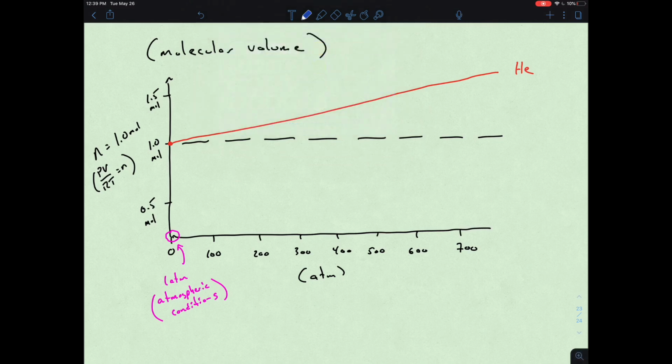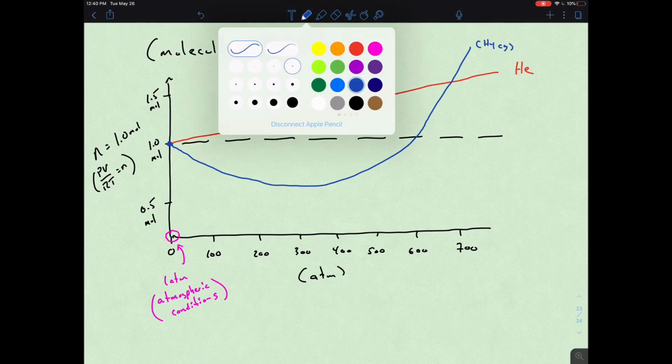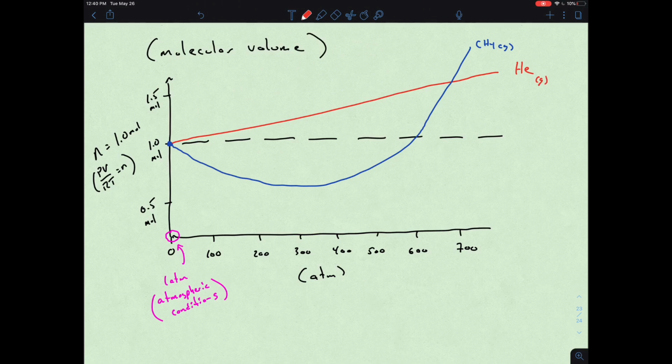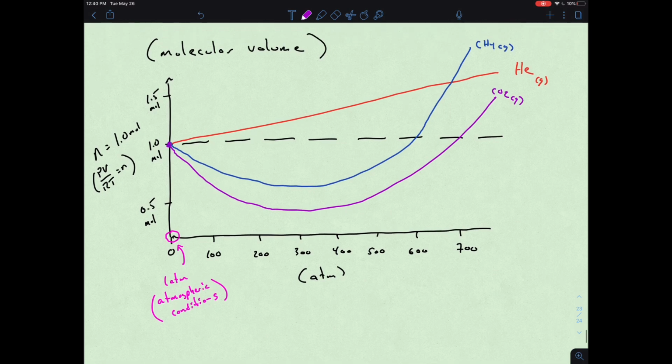Another plot would be maybe looking at methane, or even carbon dioxide. I'll draw that one again. And so we find that it actually dips below before going up above.